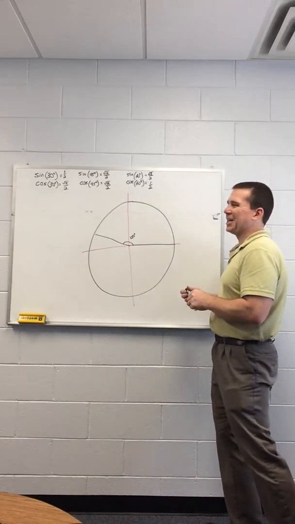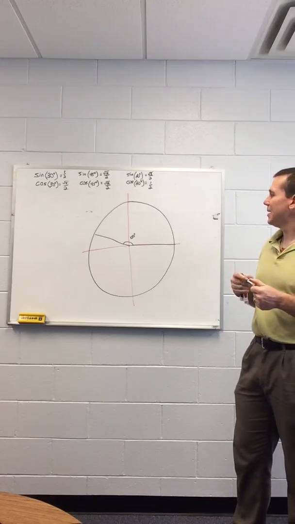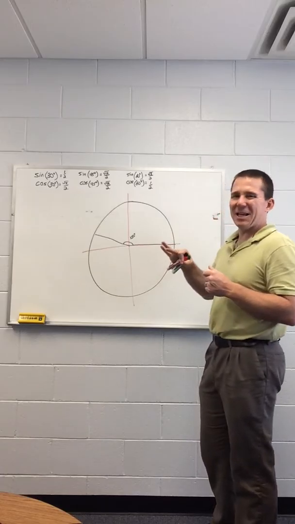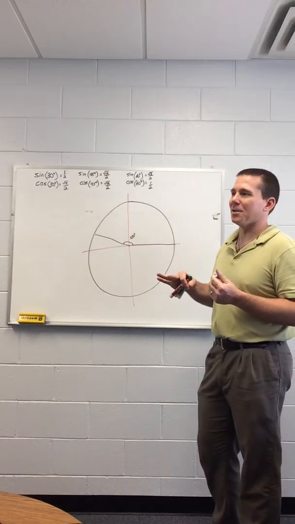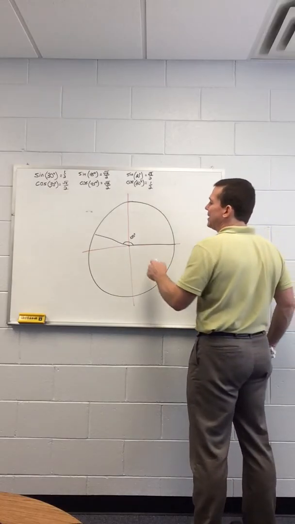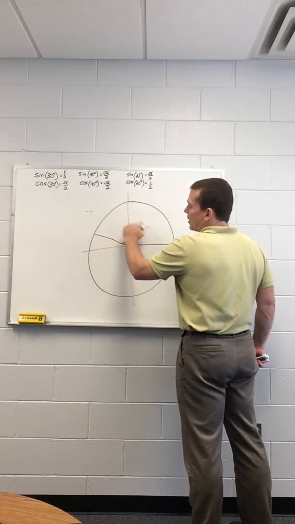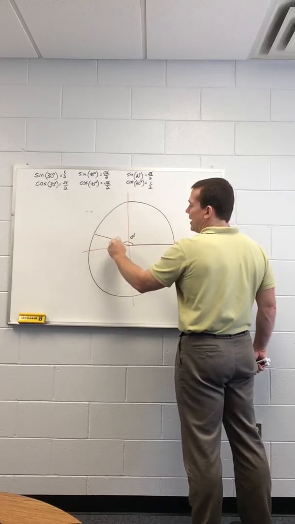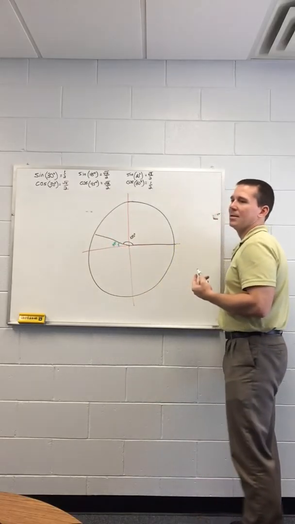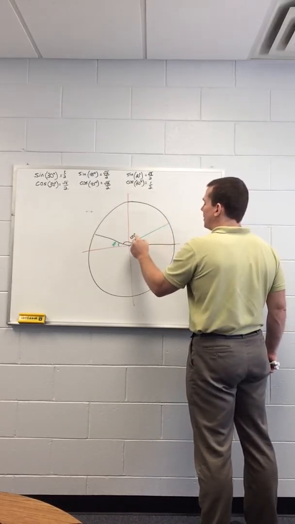Well, a reference angle is an acute angle, an angle between 0 and 90, that has the exact same measure from the horizontal as the angle that you drew. I know that sounds a little confusing, but essentially, if this is a 150-degree angle, we know horizontal is 180, so this angle right here is 30 degrees. That's my reference angle, the 30-degree angle over here.